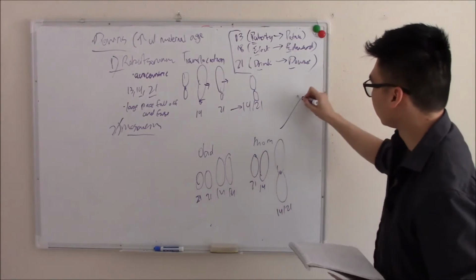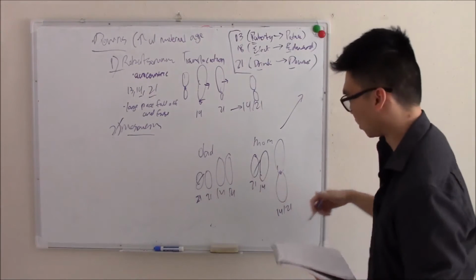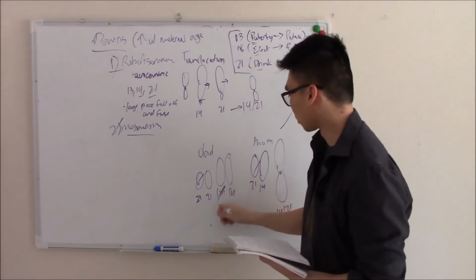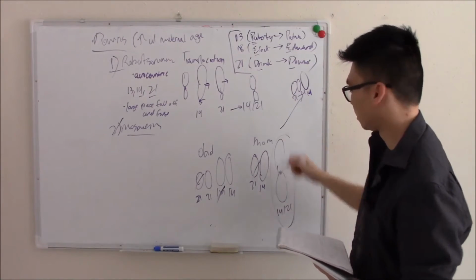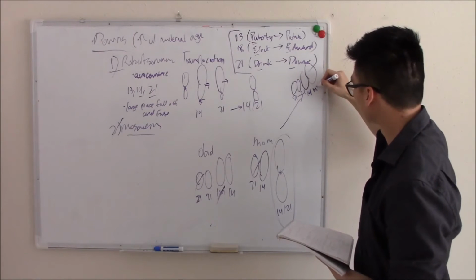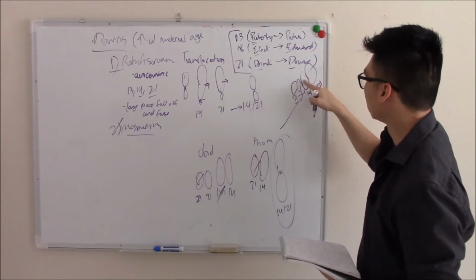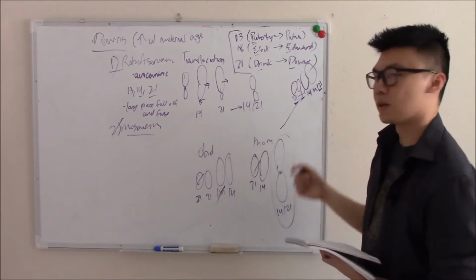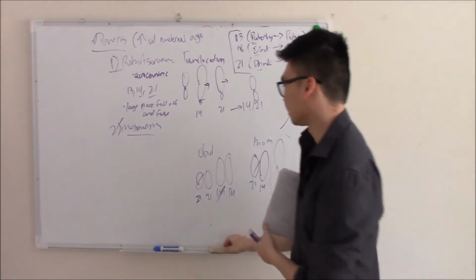And their offspring inherits a normal chromosome 21 from mom, a normal chromosome 21 from dad, so two normal chromosome 21s, inherits a normal 14 chromosome from dad, and inherits this from their mom. So on karyotyping, you have a normal amount of chromosomes, but you have an extra 21 because of that fused piece. That is Robertsonian translocation.